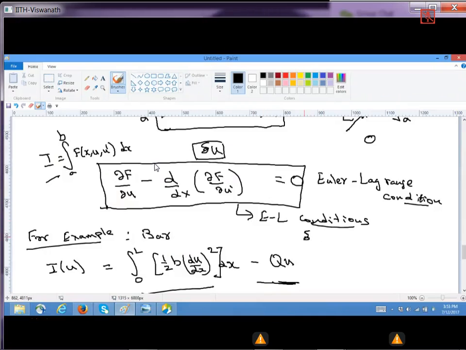That means δI is equal to 0. Condition is the same as this, which is nothing but the stationary value or gives you the equilibrium condition.